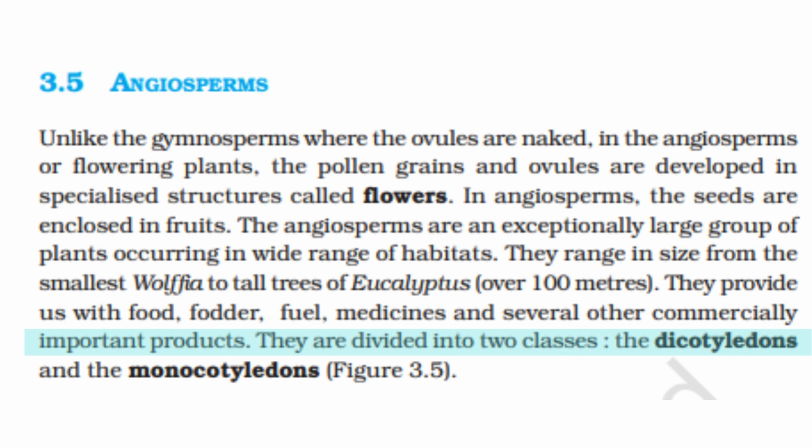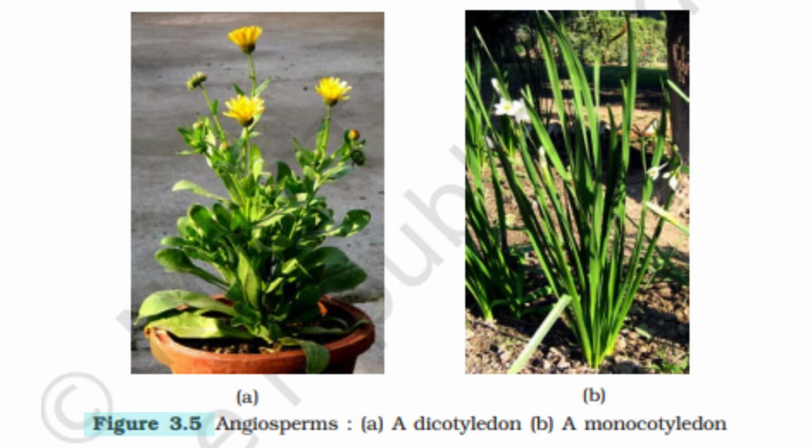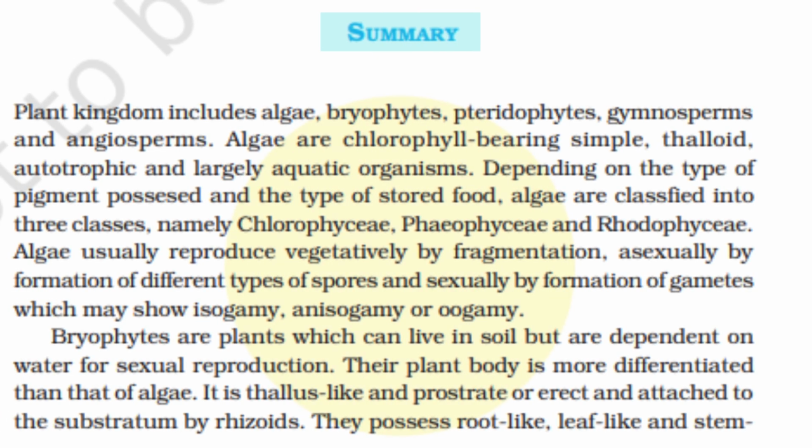They are divided into two classes, the dicotyledons and the monocotyledons. Figure 3.5 Angiosperms. A. A dicotyledon. B. A monocotyledon.